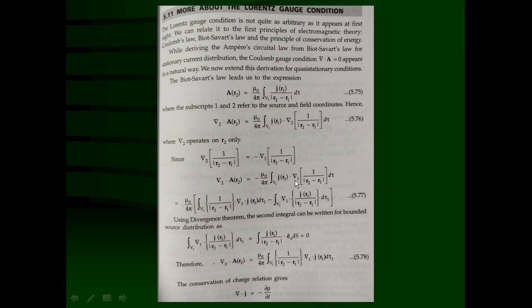Now this is one of the vector identities, where del operates on a scalar quantity phi as well as on a vector field A. Here the product rule was applied. That means one of the quantities is taken constant while del operates on the other quantity, then the other quantity is taken constant and del operates on the first.